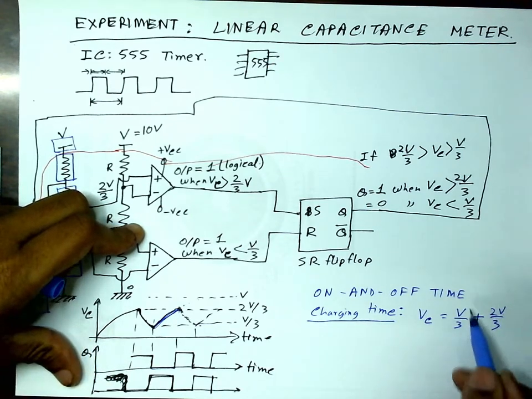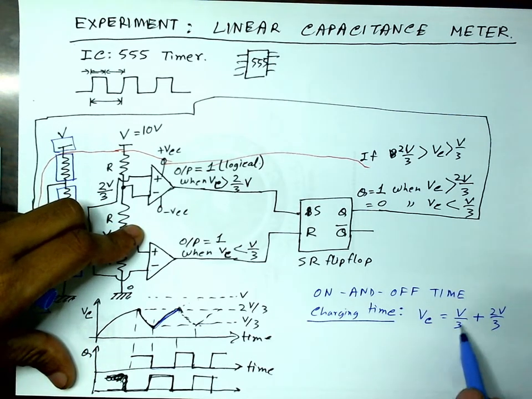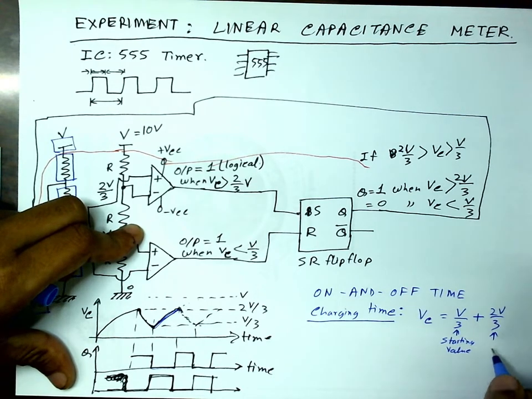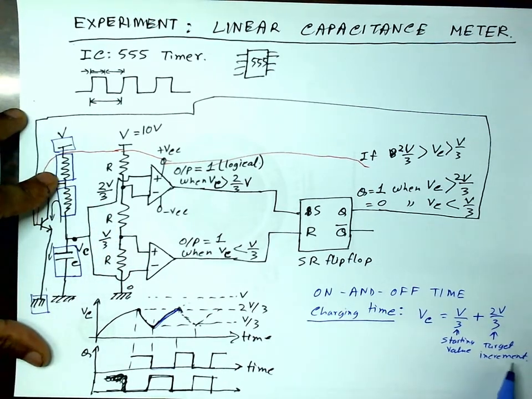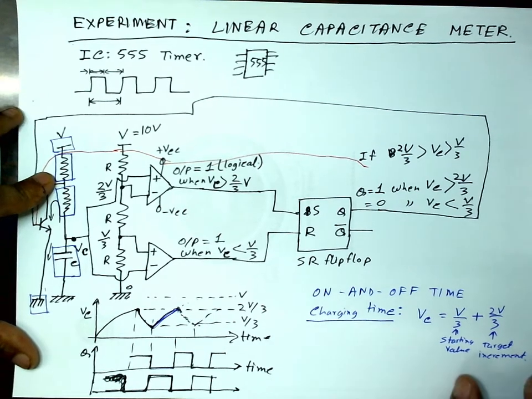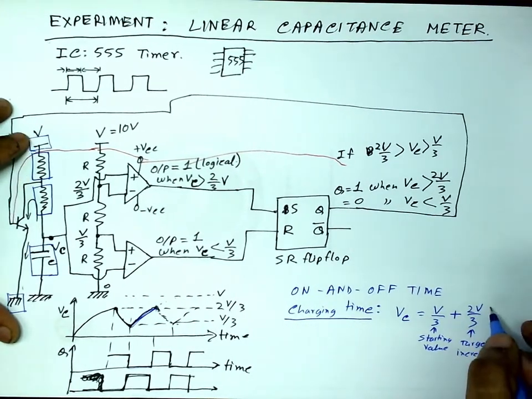This is where the capacitor tries to go. This is the starting point, starting value, and this is the target increment. Okay, this is how far the capacitor wants to go. The capacitor wants to go to a value of voltage V. So this is the increment targeted by the capacitor, and this will happen exponentially.